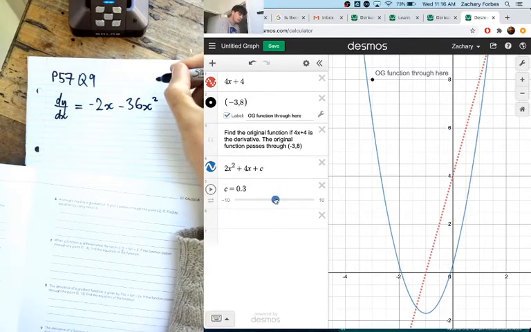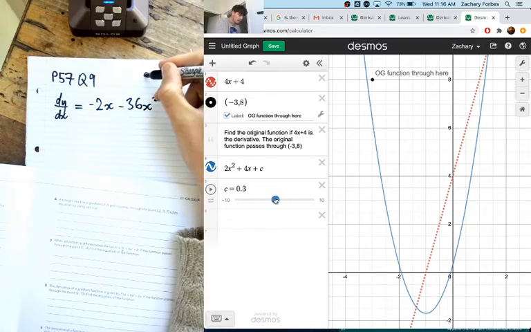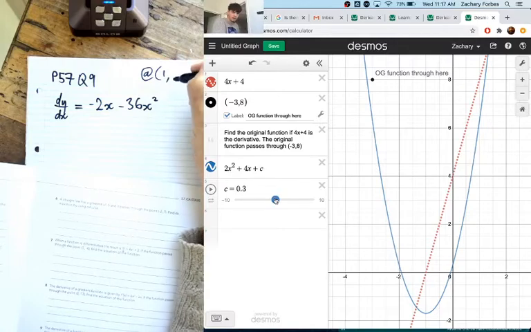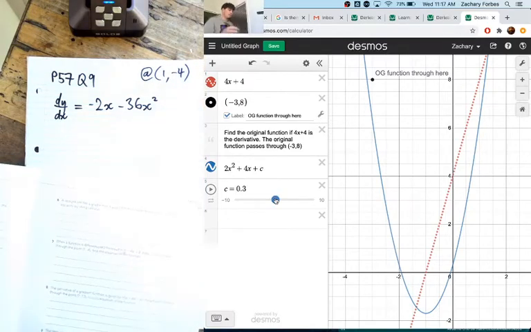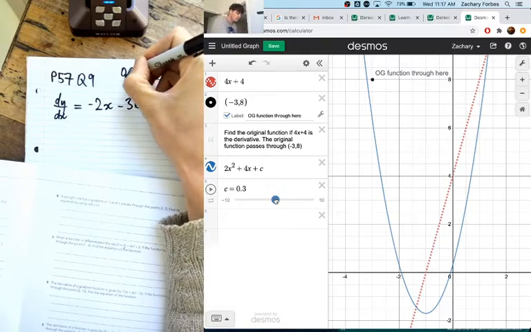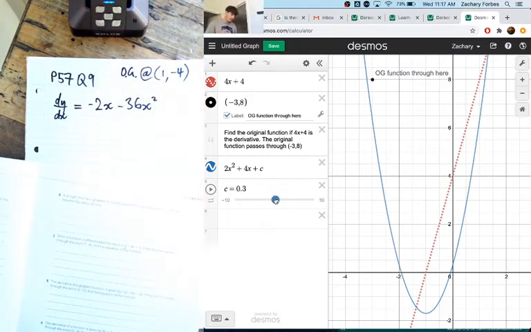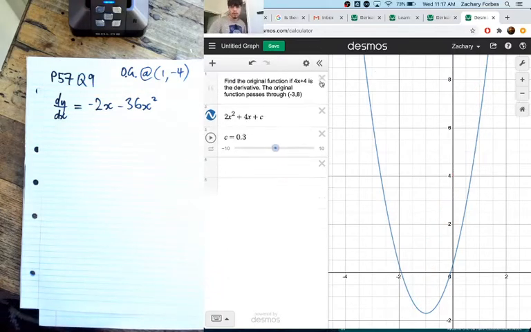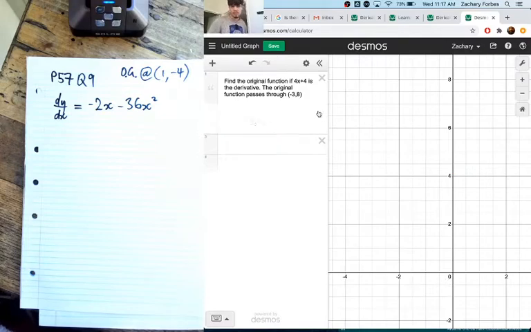So I'm going to write up here at, I love using this at symbol. Don't worry, it's totally not a thing that mathematicians do. I just really enjoy it. 1, -4. I'm going to write OG for original at 1, -4. Okay, so let's have a go at this. I'll model it up on Desmos in a second.